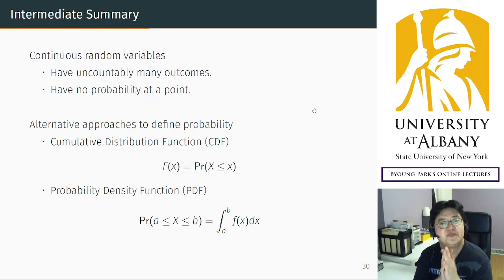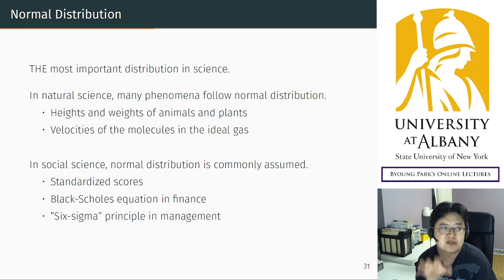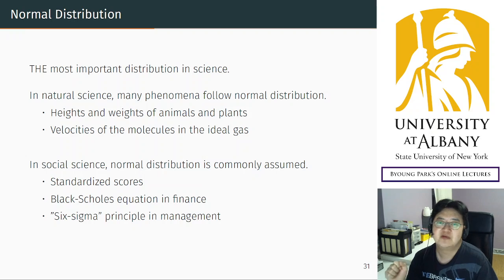So far the discussion was general, for a generic continuous random variable. But from now on, we are going to start to focus on the normal distribution. As I said, it's really important, the most important distribution in any field of study.